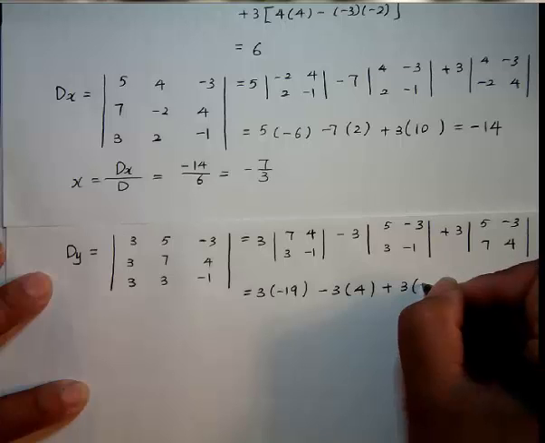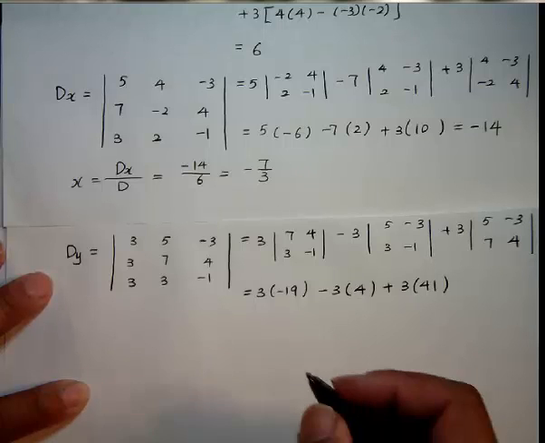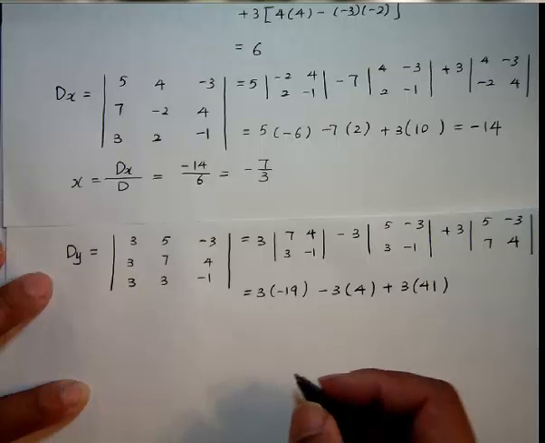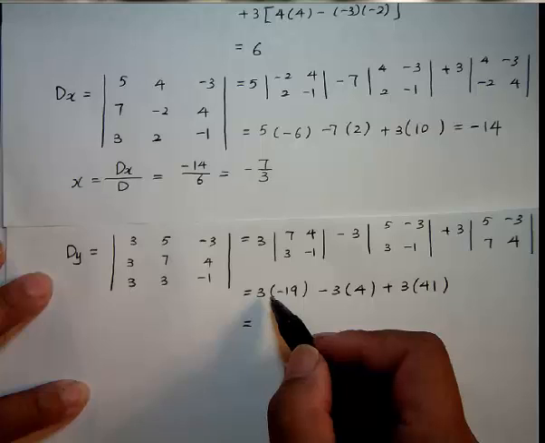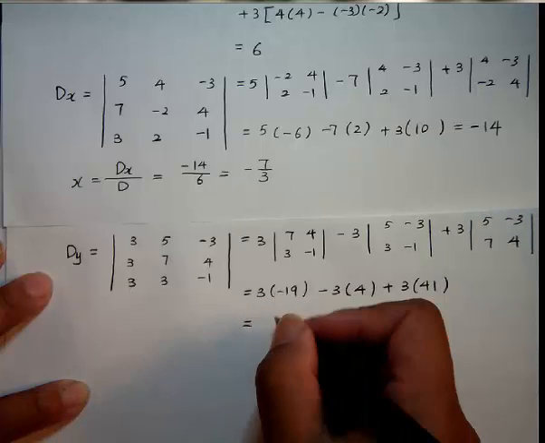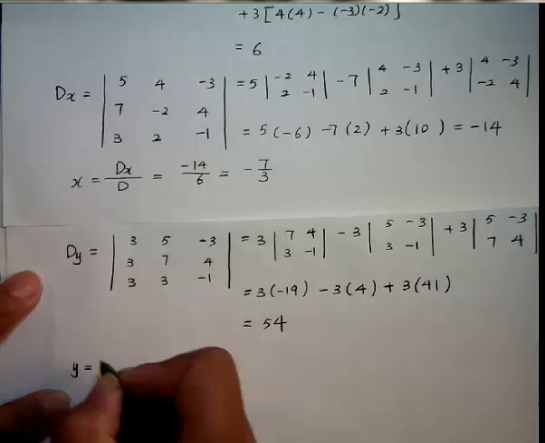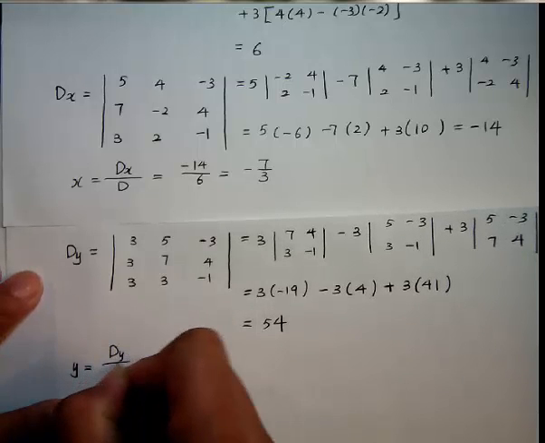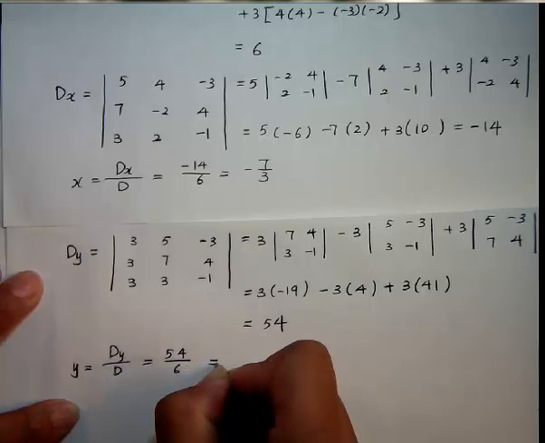No, positive 41. So if we simplify this one, that will give us 54. So y is equal to Dy over D, 54 over 6, 9.